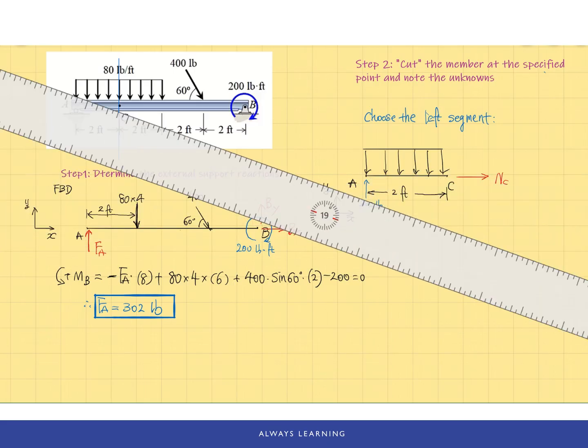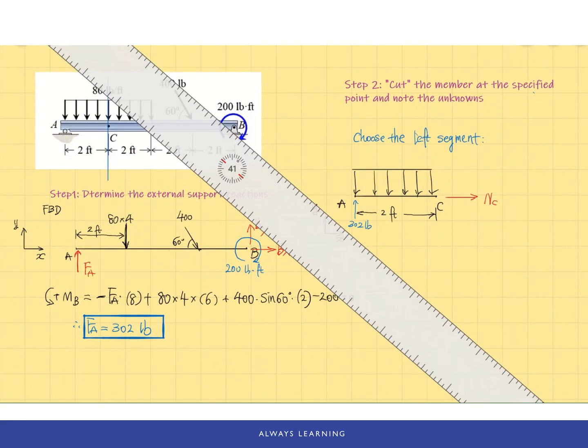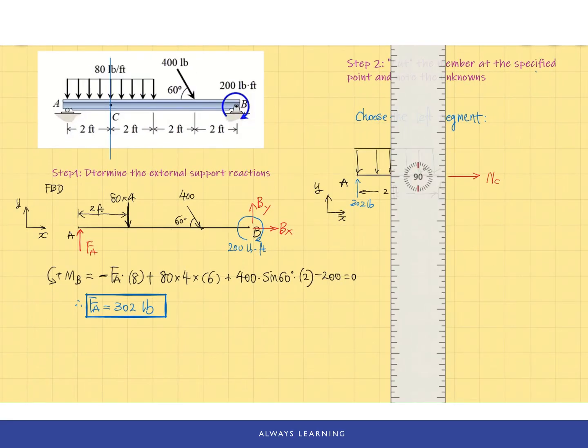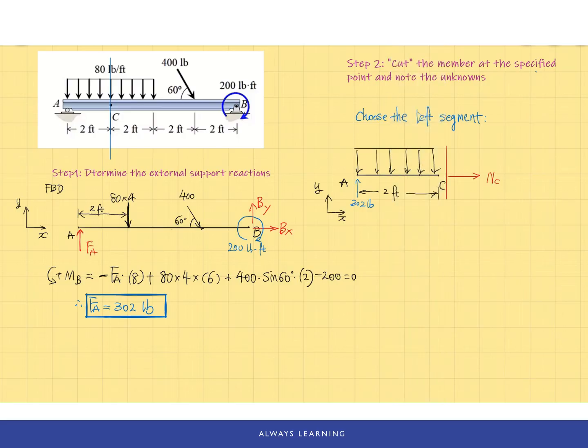The next one is along the y direction, which is the shear force. Based on the sign convention, a positive shear force will cause a clockwise rotation for this left segment. So this is the positive VC direction.